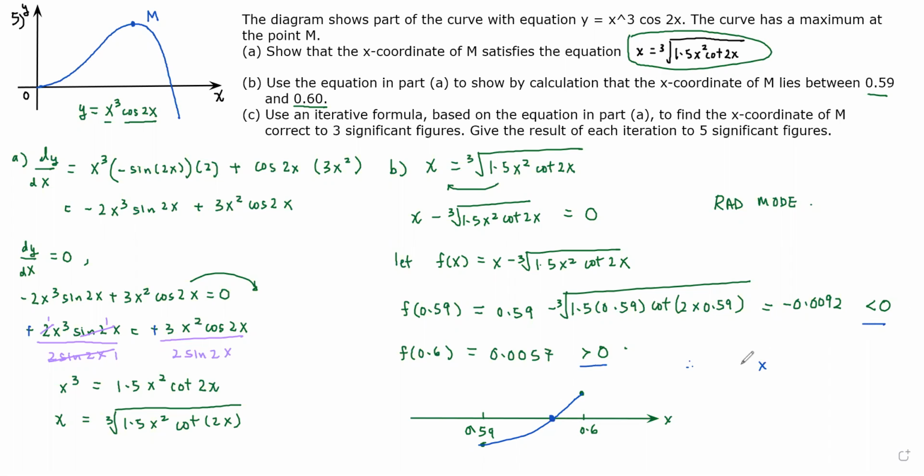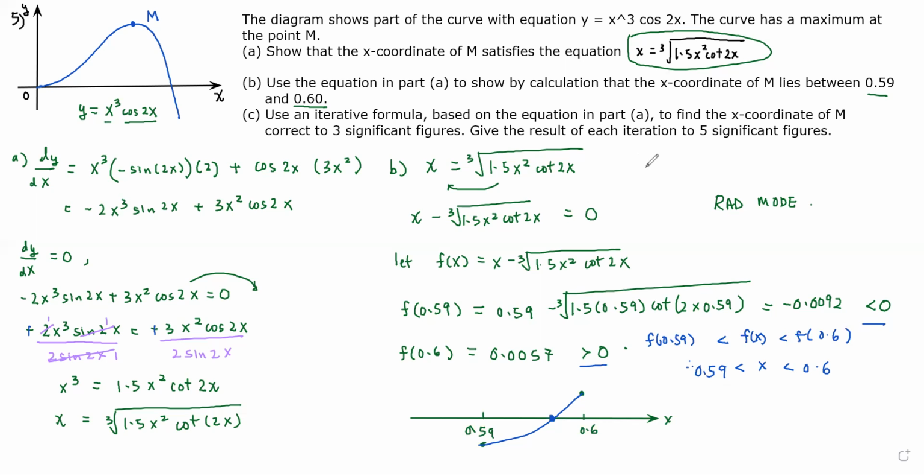Therefore, x here is in between 0.59 and 0.6. Since f of x is in between f of 0.59 and f of 0.6, then x must be in between 0.59 and 0.6.